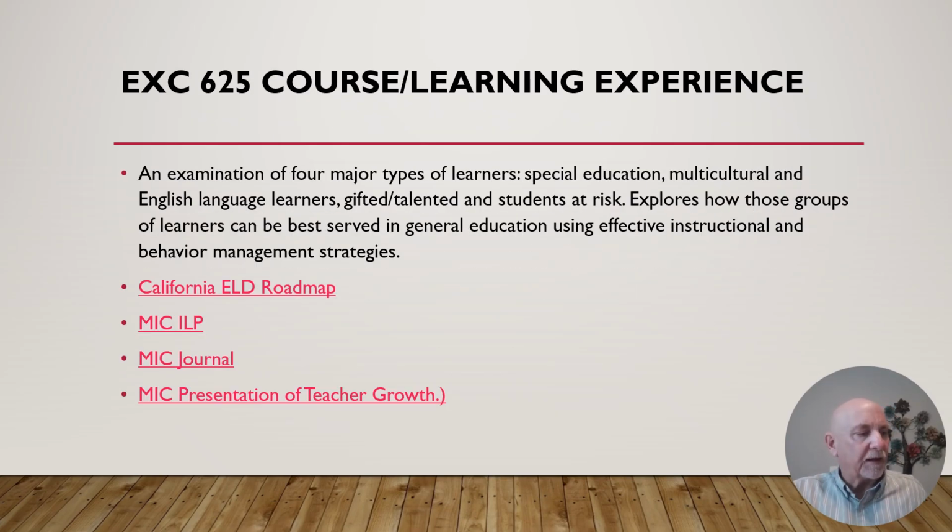The next course is 625, Exceptional Children in the Classroom, an examination of 4 major types of learners: special ed, multicultural and English language learners, gifted and talented, and students at risk. This explores how these groups of learners can be best served in general education using effective instructional and behavior management strategies.